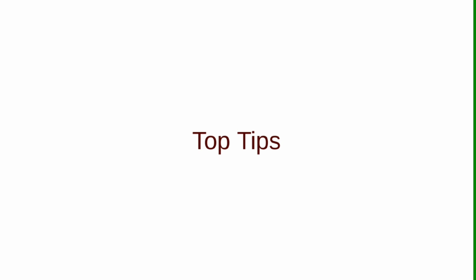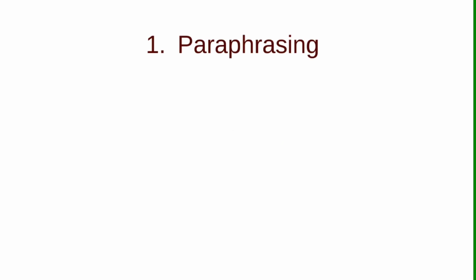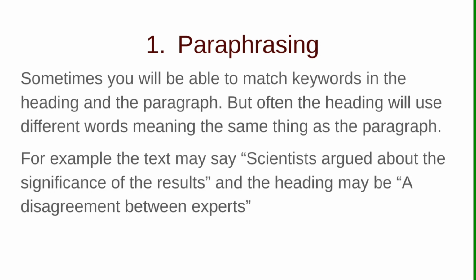Now we're going to look at my top tips. What you need to get the highest possible band score for this question type. Number 1 is paraphrasing. Sometimes you will be able to match keywords in the heading and the paragraph, but often the heading will use different words meaning the same thing to the paragraph.